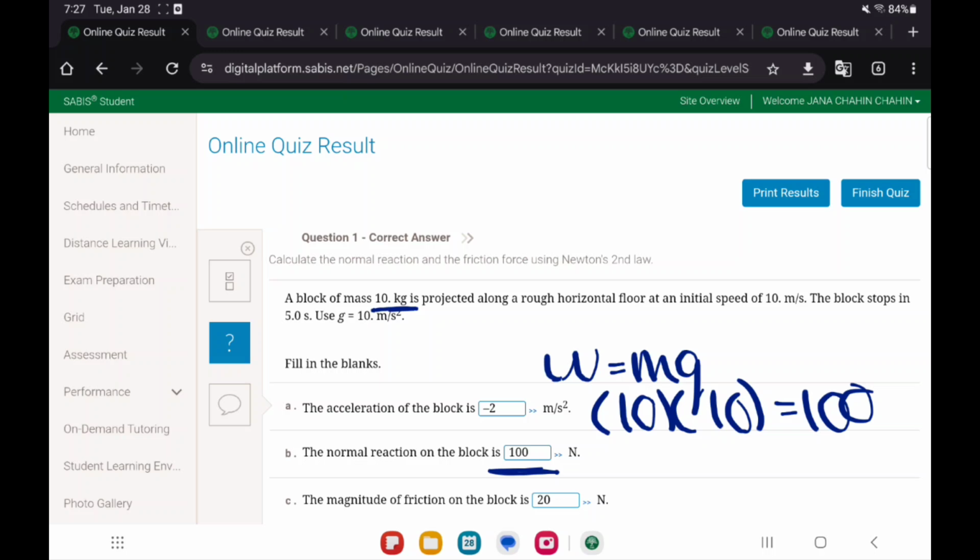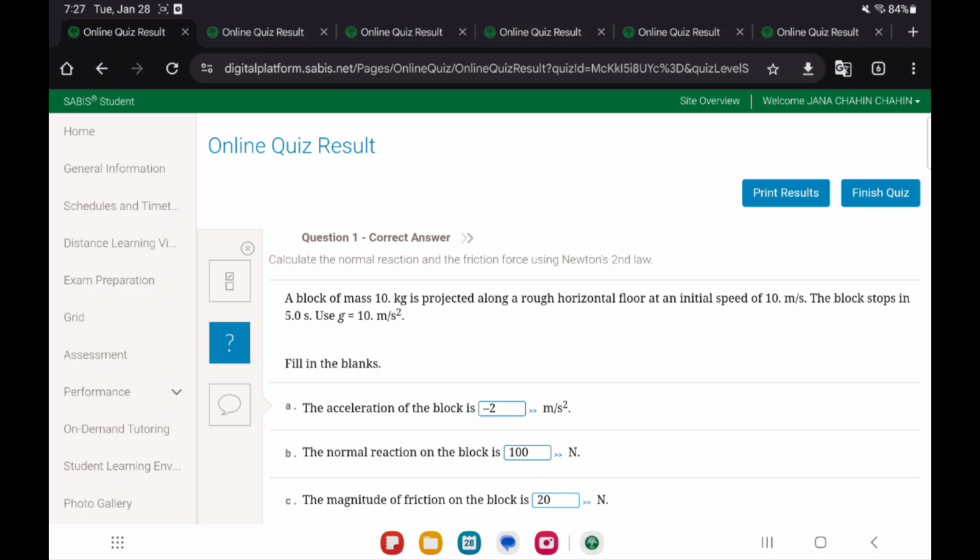Okay, then we have magnitude. Magnitude is also called force. So we have a formula that states F equals ma.